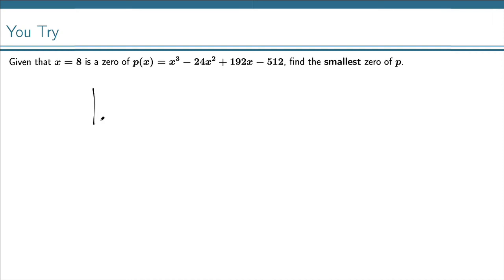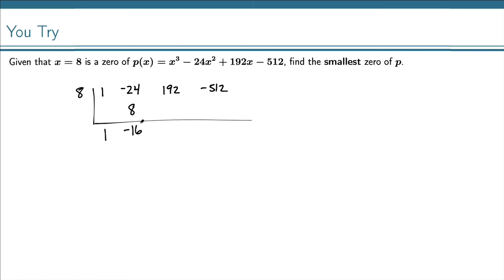Okay, we're going to go ahead and set up our synthetic division. We have an 8 on the outside, because that's our 0. And then the coefficients, 1, -24, 192, and -512. The numbers look pretty bad, but it should work out nicely since we're told that 8 is a 0. So we'll bring the 1 down. 1 times 8 is 8. -24 plus 8 is -16.